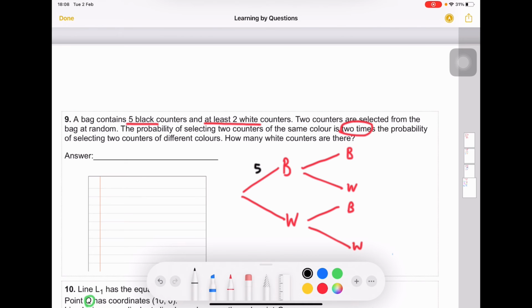There are 5 black counters. If we have selected one, then there will be 4 black counters. We don't know how many white counters there are, so I'll just use the letter W for now. If we have selected a white counter, then on the second selection there will be 5 black counters and there will be W take away 1 white counters.